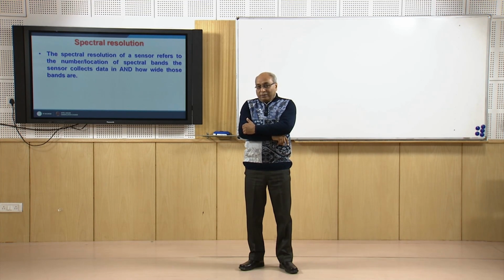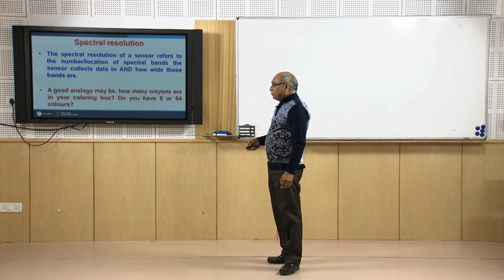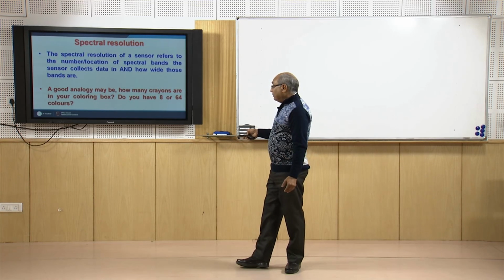Later on, like in the Landsat OLI series, that is Landsat 8, these bands cover a very small width of the EM spectrum, focusing more on where the threshold is available in the atmospheric windows for different objects in parts of the EM spectrum. The number of bands has also improved. So the location and number make the spectral resolution. A good analogy may be how many crayons are in your coloring box. Do you have 8 or 64 colors?